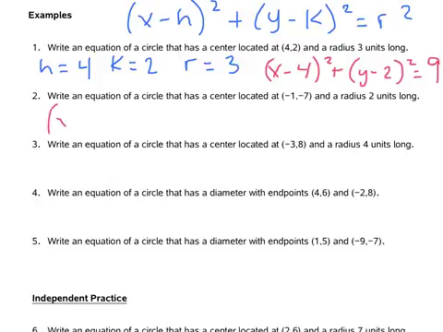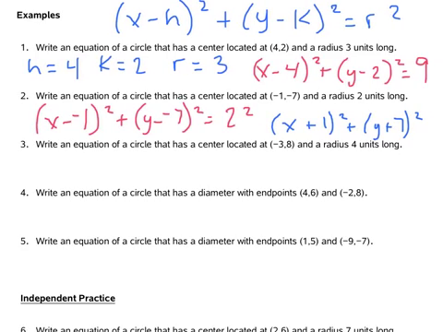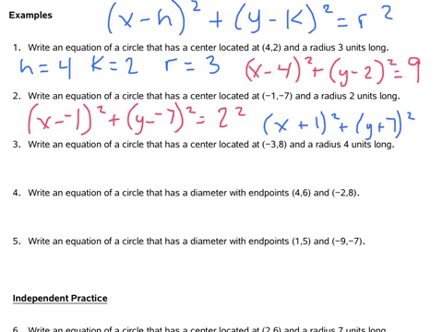So I'll write (x − (−1))² plus (y − (−7))² equals, I'll just go ahead and write 2 squared, because I'm going to rewrite this whole thing as (x + 1)², since it's minus a negative, plus (y + 7)² equals 4.